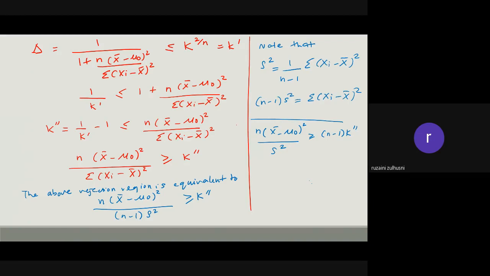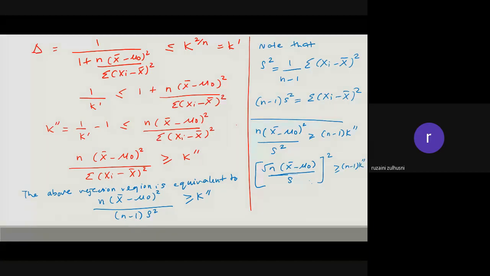Now, step by step, I write down square root n x bar minus mu naught over s, square, equal to n minus 1 K double prime.